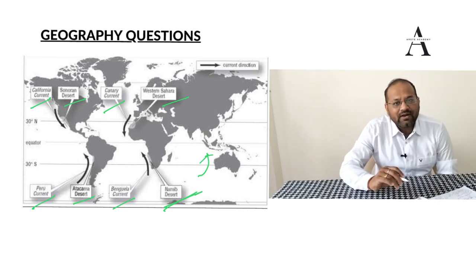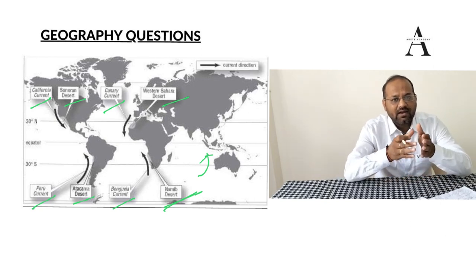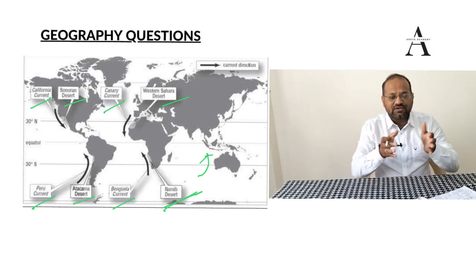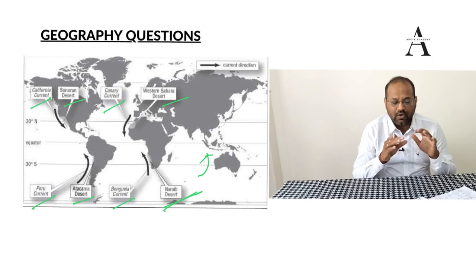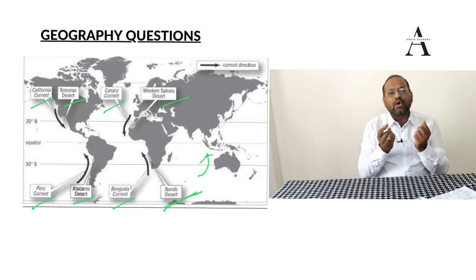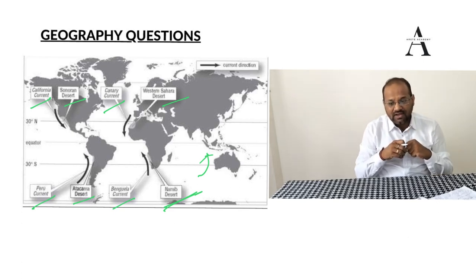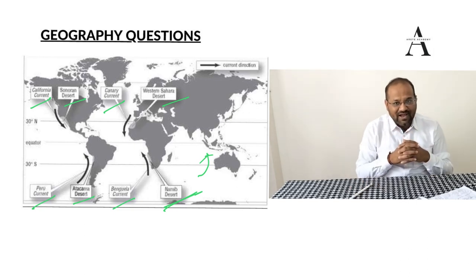Now you must be wondering, at the conceptual level, why deserts are associated with cold currents. It is explained in NCERT: because of the cold currents, the air there will be cool and its moisture holding capacity will be less, so relative humidity will be less, and thus cloud formation will not happen.